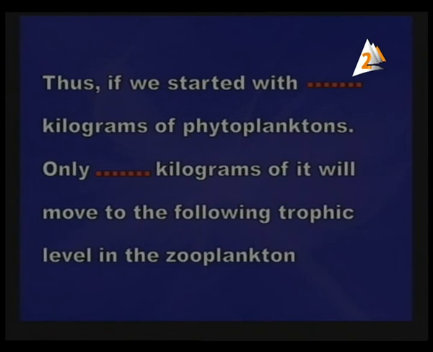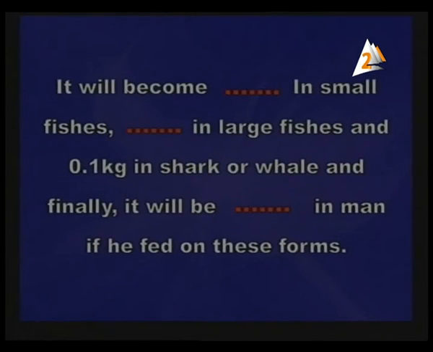Thus, if we started with space kilograms of phytoplanktons, only space kilograms of it will move to the following trophic level in the zooplankton. It will become space in small fish, space in large fish, and 0.0 kilograms in shark or whale, and finally it will be space in man if he fed on these farms.